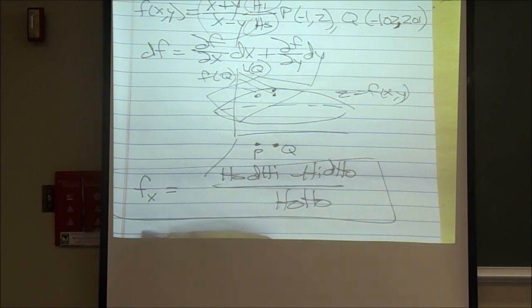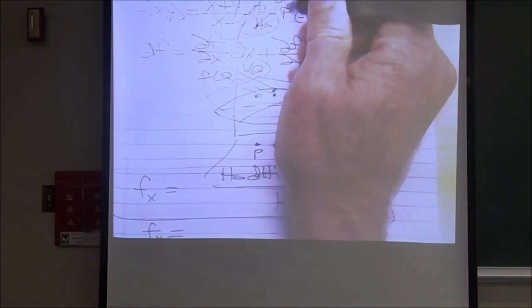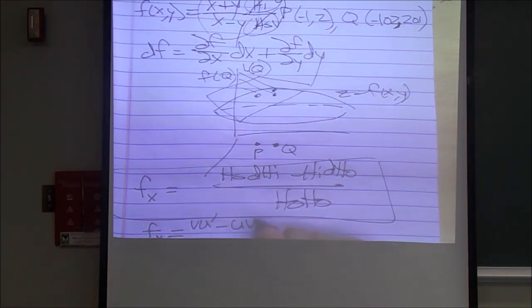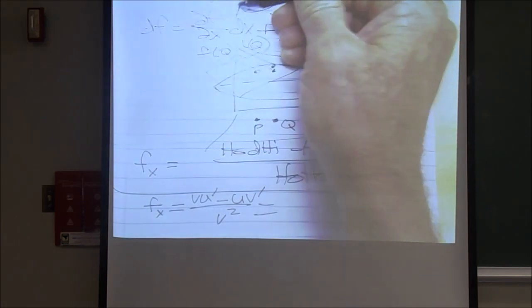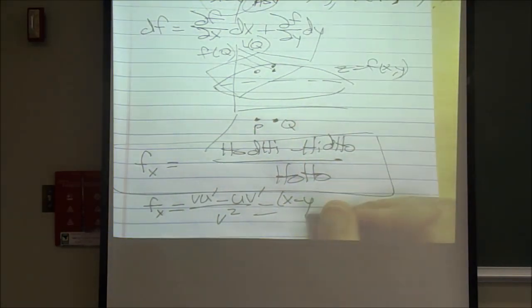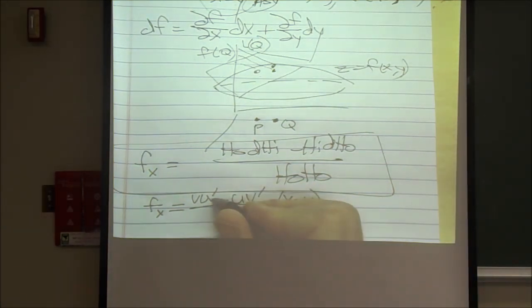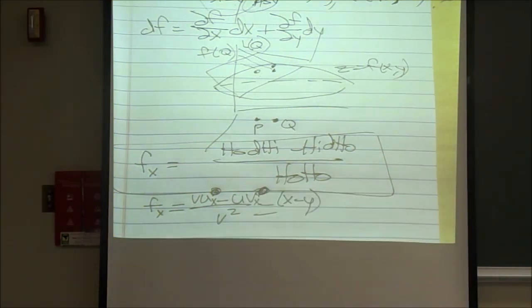So here's f, and we'll say more generally, partial of f with respect to x, when f is u over v, is v u prime minus u v prime over v squared, is the short way to do it. And so what is this? V is x minus y, but really we should change this because we're taking partial with respect to x. We'll call it v ux minus u vx over v squared, because it's partial derivatives. So it's the chain rule for partial derivatives.